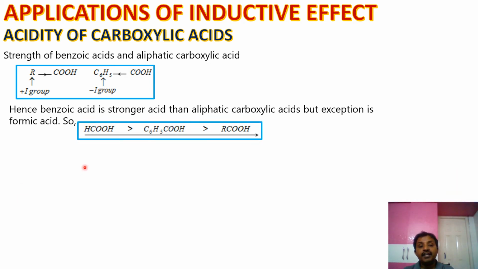Hence, the order is, exceptionally, formic acid, that is HCOOH, has a more acidic nature compared to aliphatic acids. Formic acid is the strongest, then benzoic acid, and aliphatic acids have lesser acidity compared to benzoic acid.